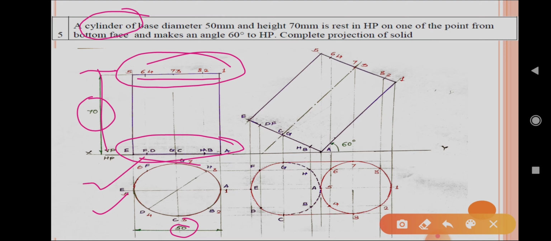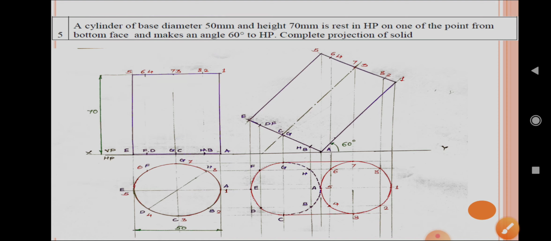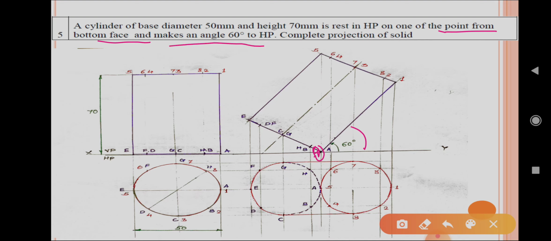So complete the first, front view and top view, the first and second positions. Then inclination with HP, that is the third position. For the third, inclination with HP, the corner resting point, that is the resting point or bottom face, makes an angle of 60 degrees, or the axis also makes an angle of 60 degrees.